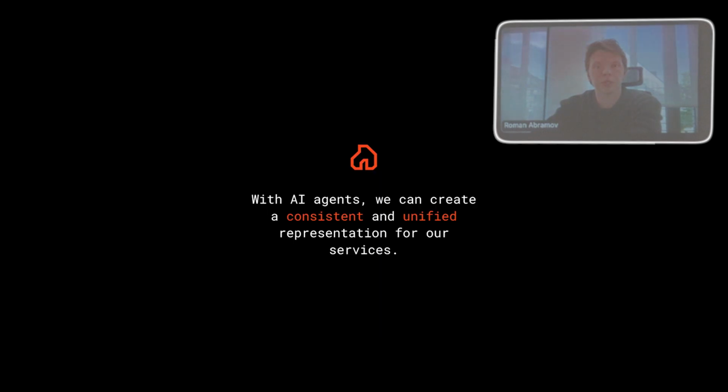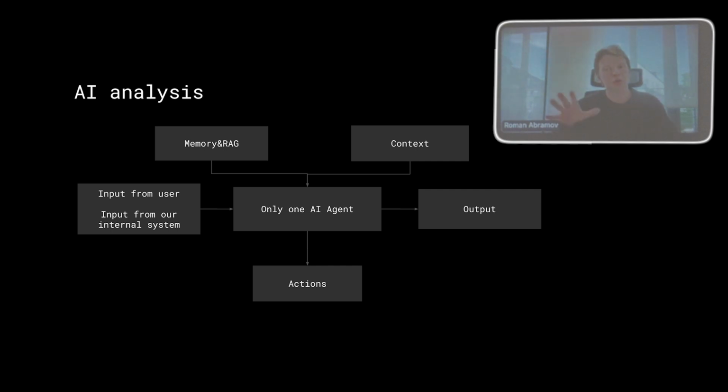And yes, with an AI agent, we can create a consistent and unified representation for our services, which is specifically useful if you have multiple AI features that you need to sustain. And our current architecture is moving towards this one.